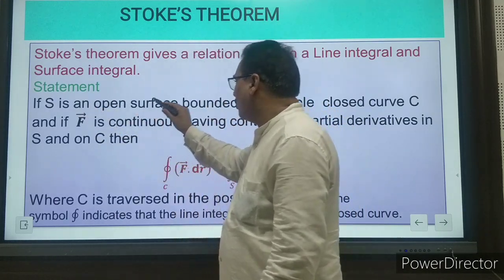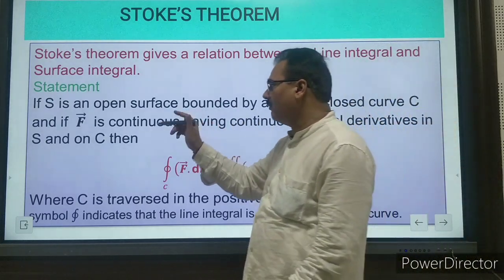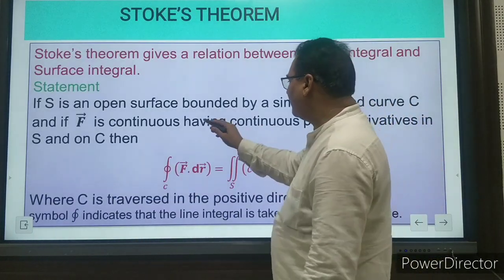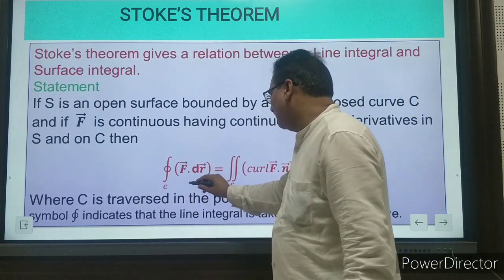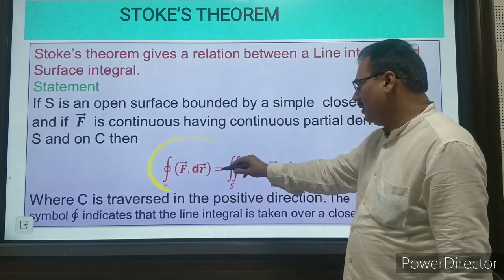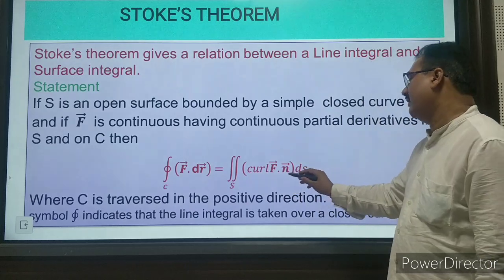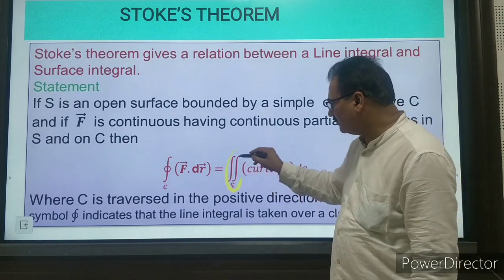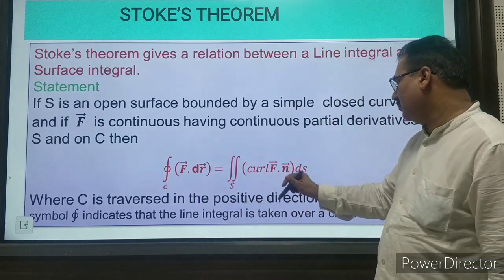If S is an open surface bounded by a simple closed curve C, and if vector F is continuous, having continuous partial derivatives in S and C, then the line integral over the closed curve C of F dot dr is equal to the double integral over the surface S of curl F dot n ds, that is, the normal, where C is traversed in the positive direction.